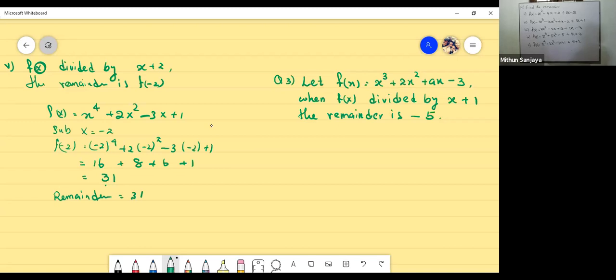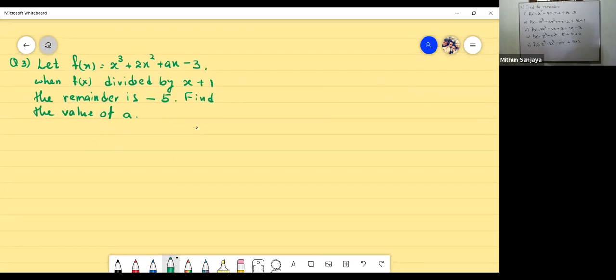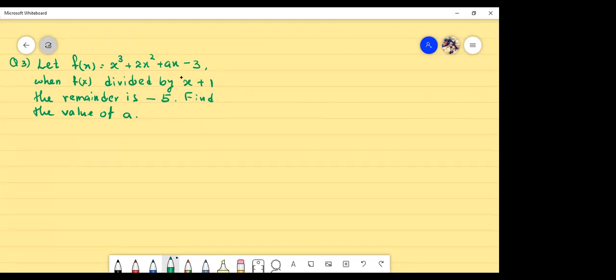Find the value of a. Find the value of a. Right. Now try this. Now you have to answer questions like this. They have an unknown, right? We need to find the unknown value.